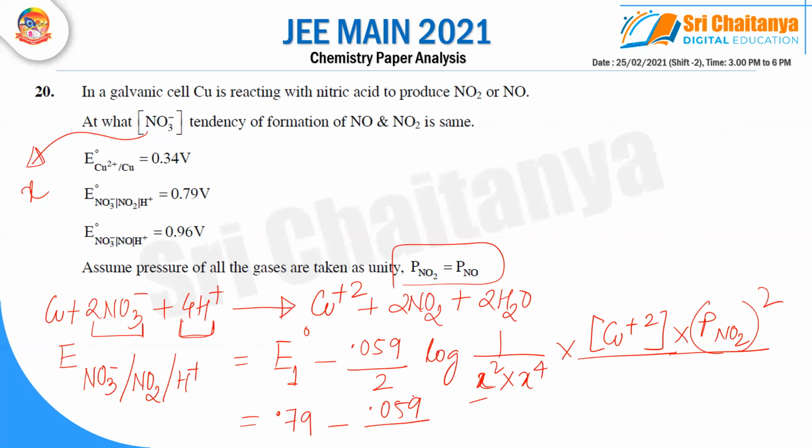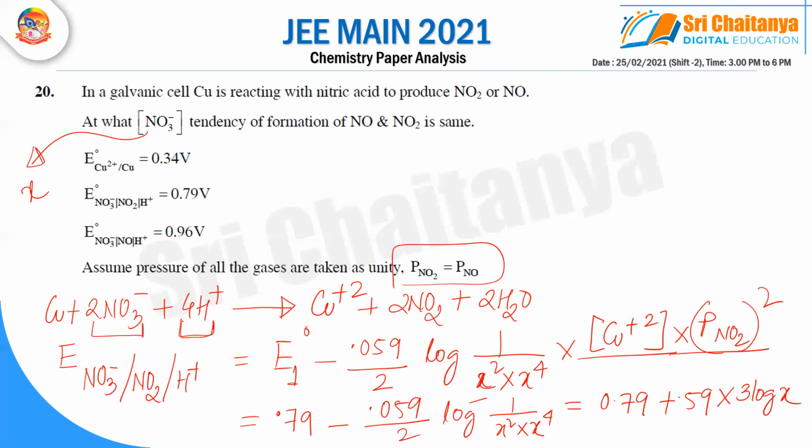If I see the number of electrons involved, it's 2 only. Log of 1 upon x square into 1 upon x to the power 4. So if I simplify this one, 0.79 plus 0.059 into 3 log x. So this is what I'm getting.